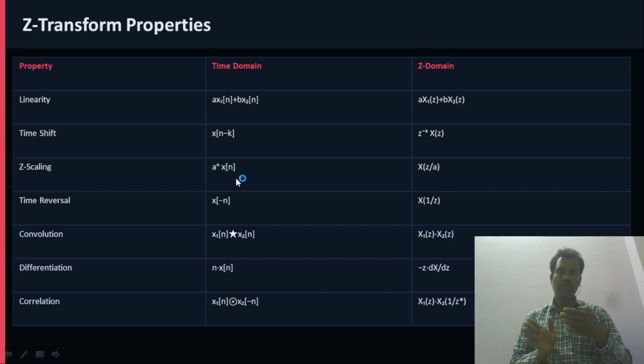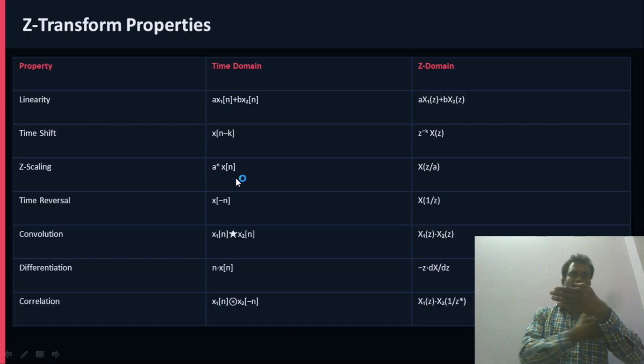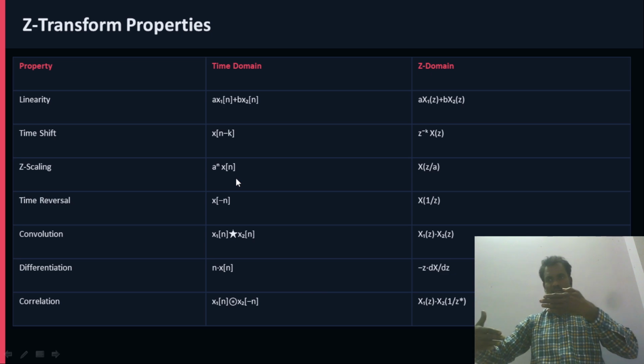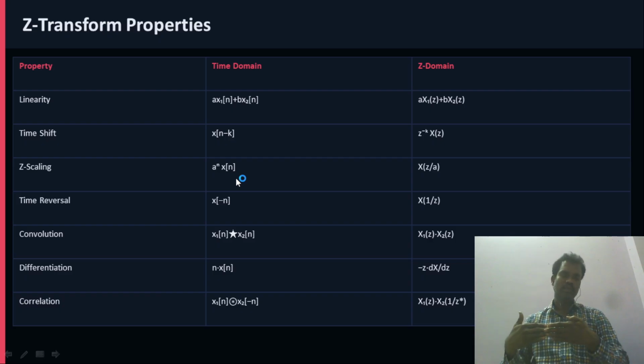In correlation, it is the same kind of operation, but instead of folding the sequence, we just shift it. One sequence is kept constant, the other is shifted from minus infinity to plus infinity without folding, and for every shift it is multiplied with the other sequence.